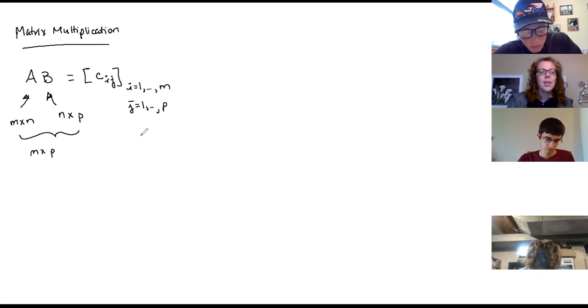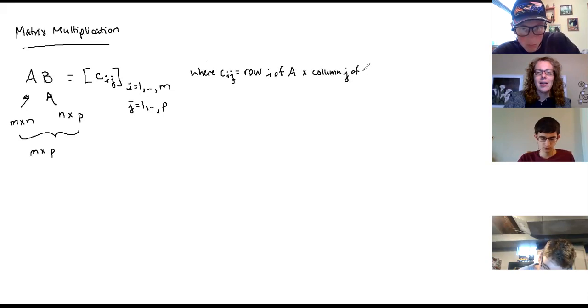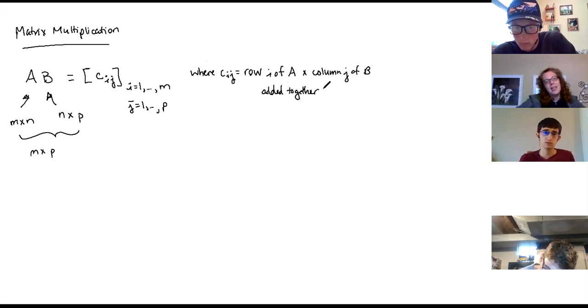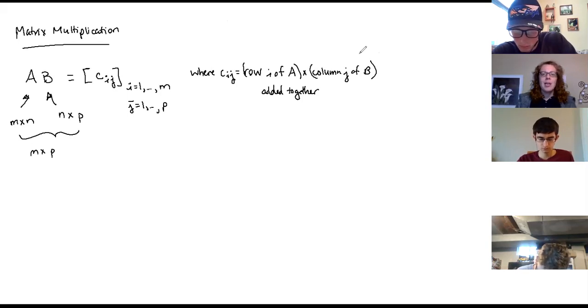And C sub ij is row I of A times column J of B, added together.